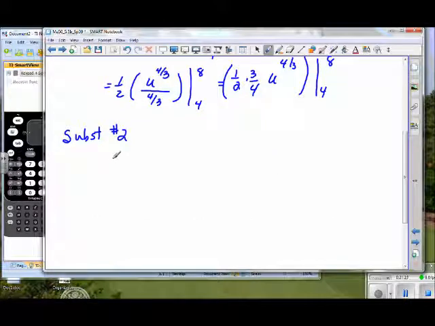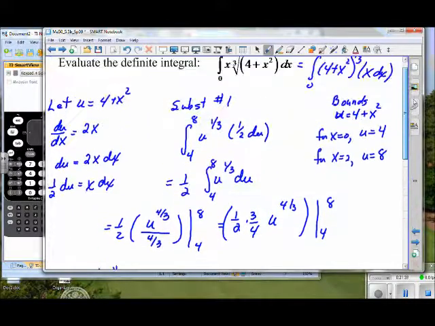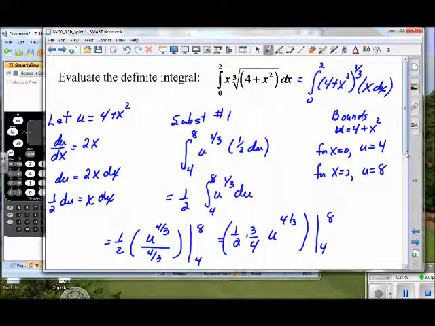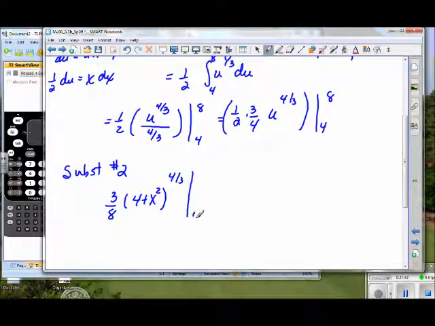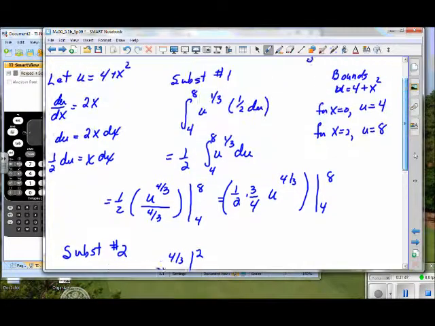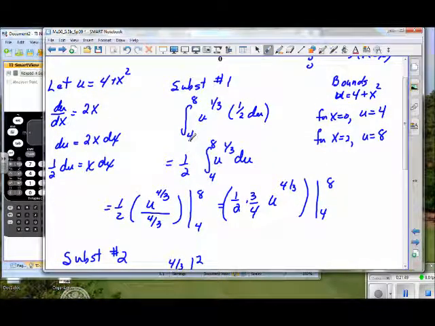So this problem becomes, again, 1/2 times 3/4, which is 3/8, times 4 plus x squared to the 4/3 power, and now we're back to the variable x, so we're going to integrate from 0 to 2. On the variable x, we integrate from 0 to 2. So let's talk just a moment about the need to make this replacement of 8 and 4 for the 0 and 2.